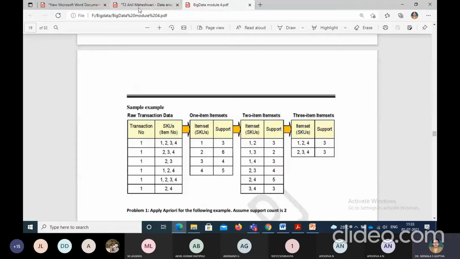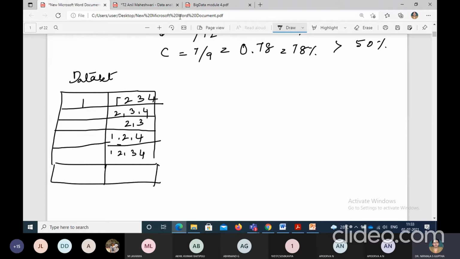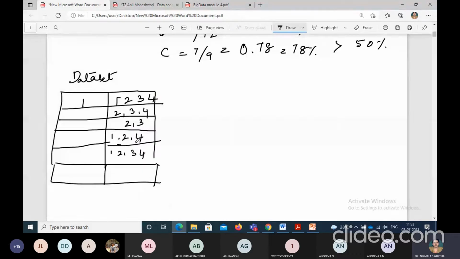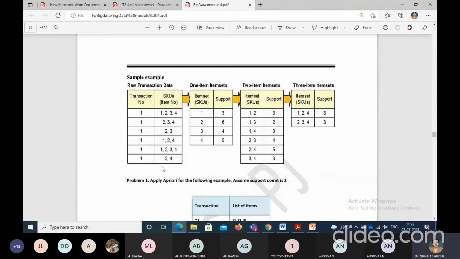Then again 1, 2, 3, 4. Then the last one, let me draw it: 2, 4. Actually speaking, there are 6 transactions to be frank. So the item numbers are 1, 2, 3, 4, and the combinations of selling those items are given like this in the first table.